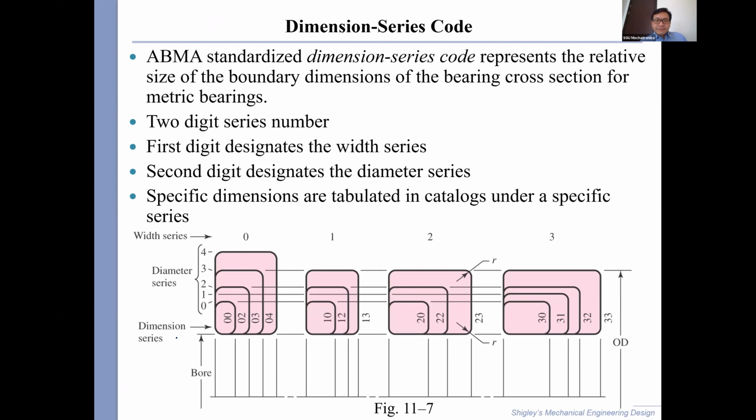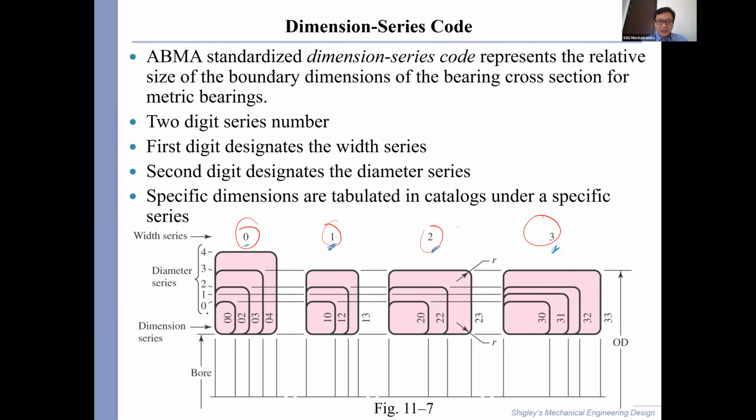Okay, when you go to bearing codes, they are standardized by dimension. So let's say a 0, 1, 2, 3. By the way, I like the red ink better. Okay, let's say you have 0, 1, 2, 3. That's the width series.